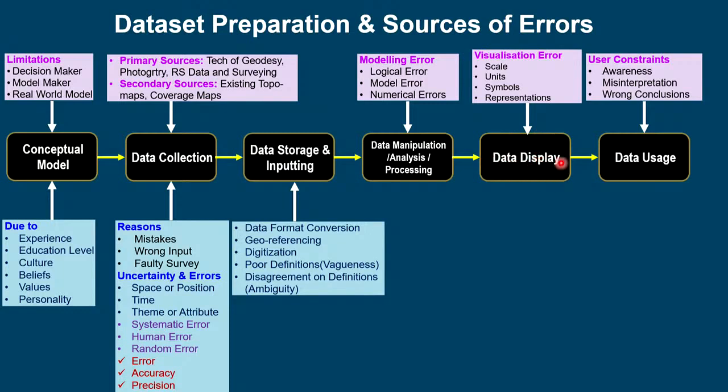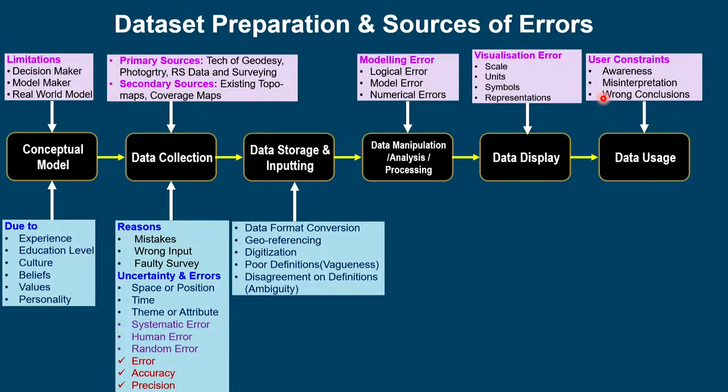At the time of data display, this is called mapping, you are generating the maps. At the time of mapping, if a scale problem is there, units are a problem, symbols are another problem, or representations, because each type of feature has its own identity or standard symbols.